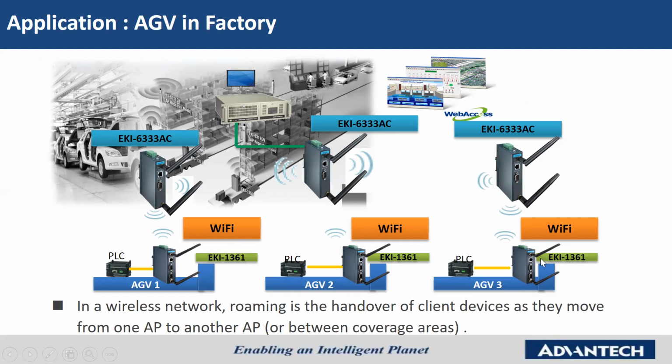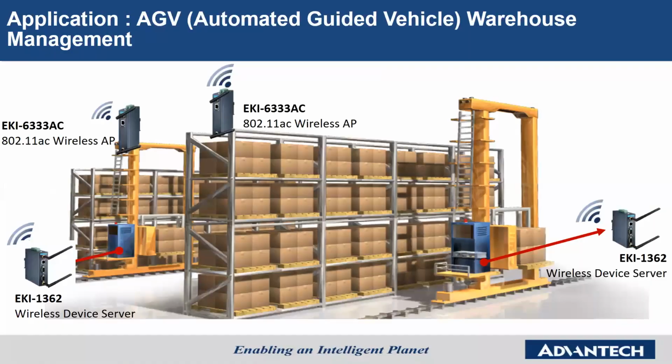So the 1361 in this case is always used connected to the AGV's PLC, and then it's handed off from one access point to another. 1361 is certainly good at that kind of handoff. The WISE 4000, 4050 might struggle with that, but the 1361 is probably better for that roaming type application.